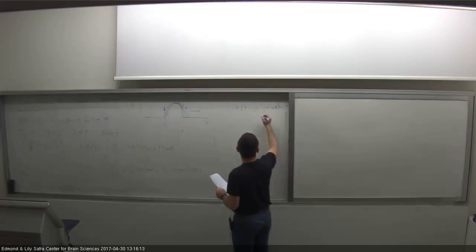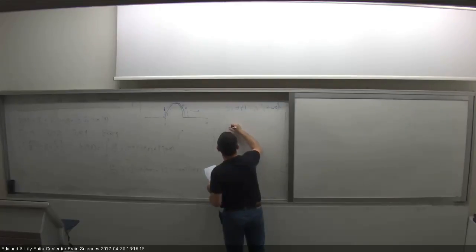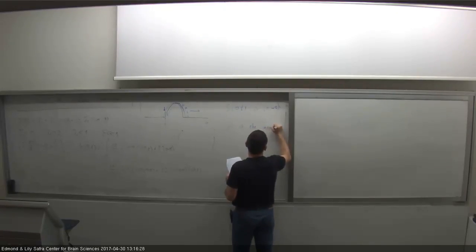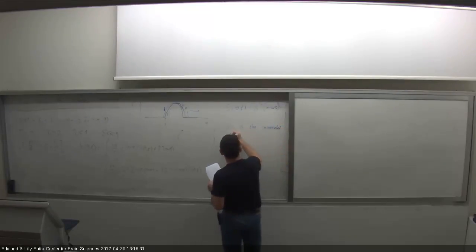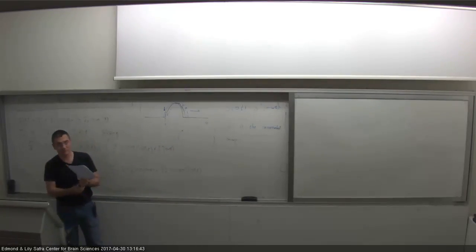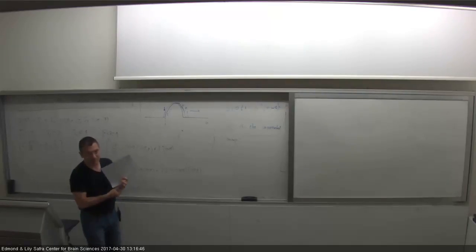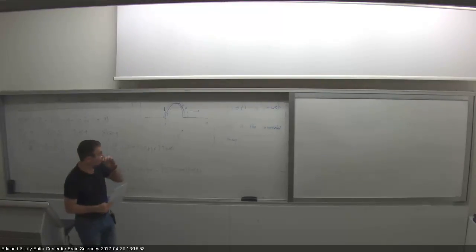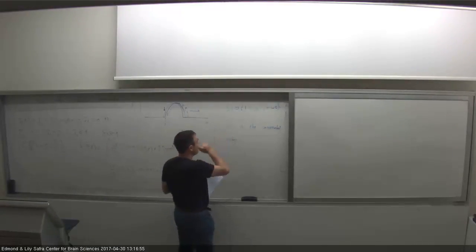Furthermore, I'm going to assume that S is the unperturbed bump. We already know something about the shape of the bump in the case of epsilon being equal to 0.